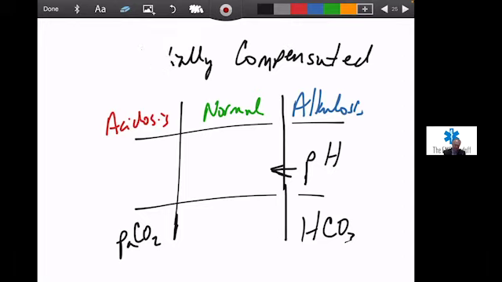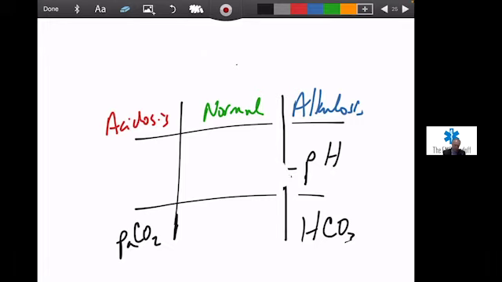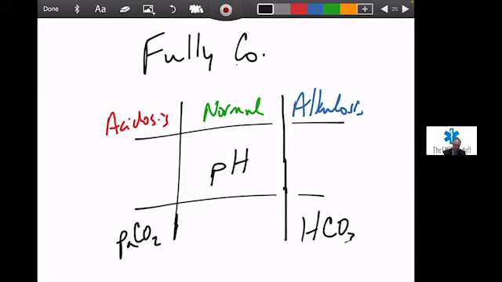If that pH does begin to come back down to the normal range, which is what we want it to do, and if that pH comes back to the normal range, we've got these two values on opposite sides, but we've got a pH in the middle. We've got to figure out what's causing the issue. Well, we know that this is fully compensated.